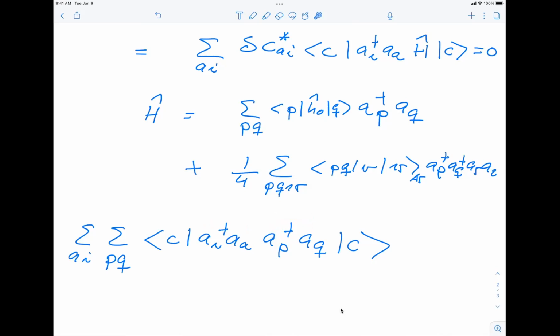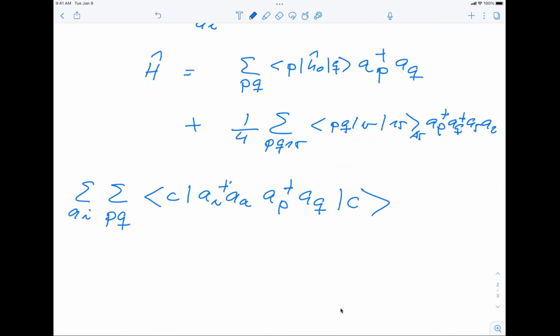And you see that the only contractions which survive are this one and that one. So this gives us simply this contraction, which is non-zero, and these are the only non-zero contractions. So what we have then is a delta AP and a delta IQ.